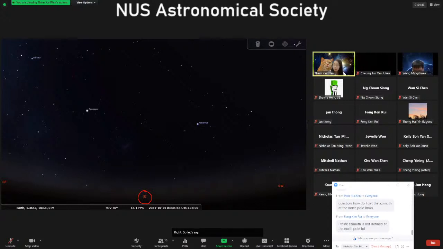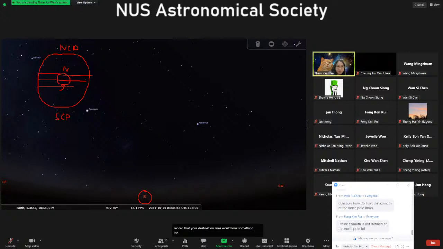Let's say you were looking back at the celestial sphere diagram, if this was the Earth, and this is the celestial sphere, then this would be your north celestial pole, which is a projection of your North Pole. And this is south, and this is the south celestial pole. Recall that your declination lines would look something like that, and your right ascension lines would be something like that. Okay, it's a bit messy.